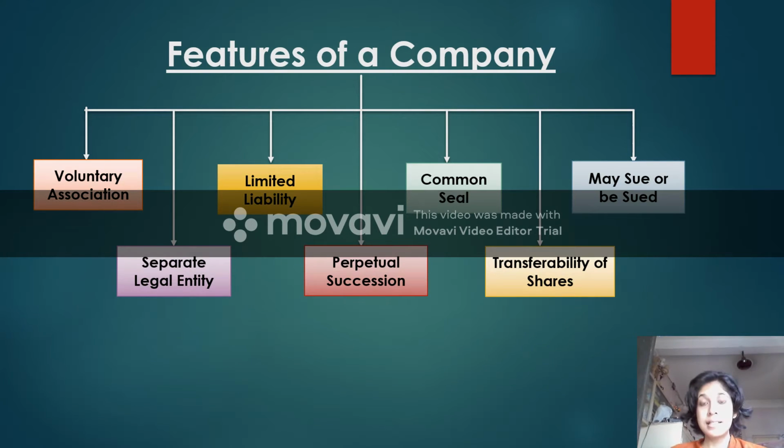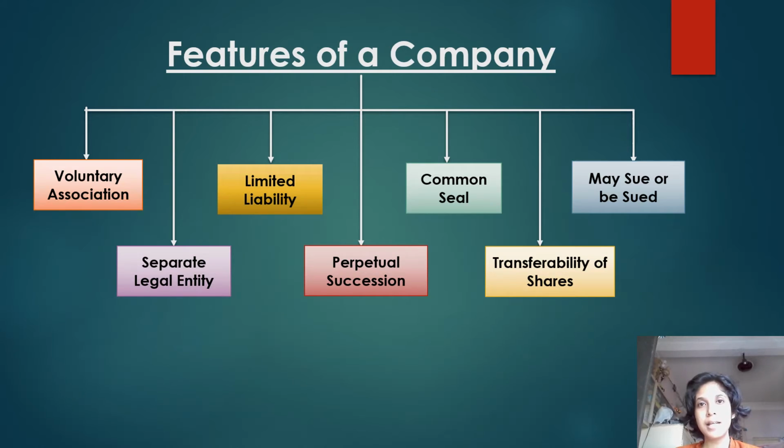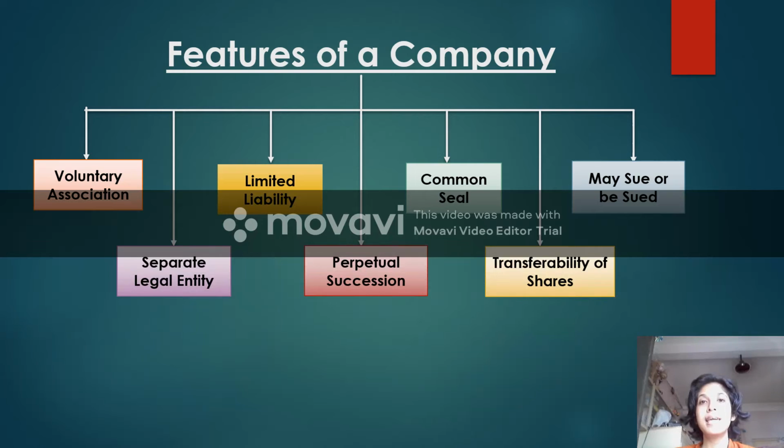Next one is, and this is the last one, may sue or be sued. It means that since companies are formed under law, it is under Companies Act. So this is a separate legal entity. That means it is a legal entity. Now, sue means to put a court case against or put a court case by the company.